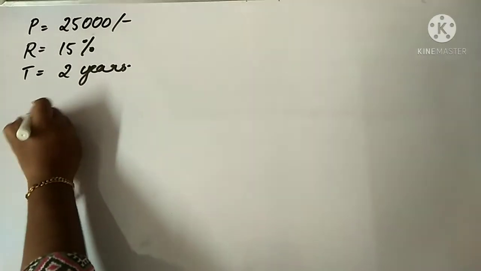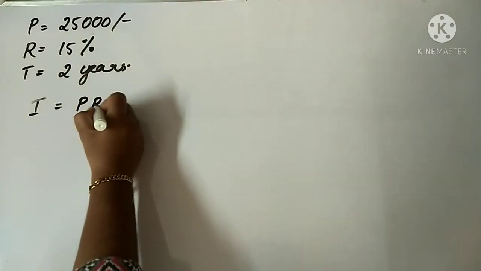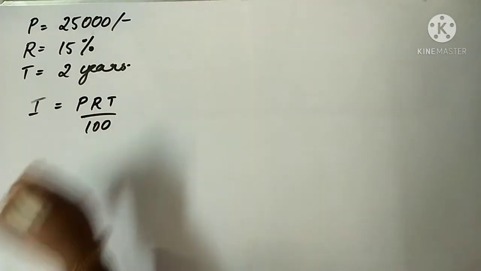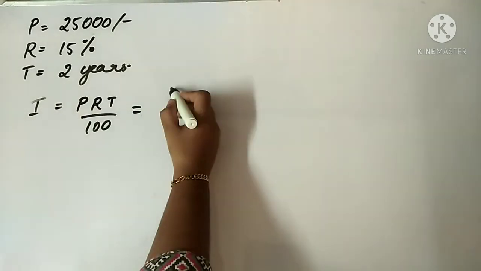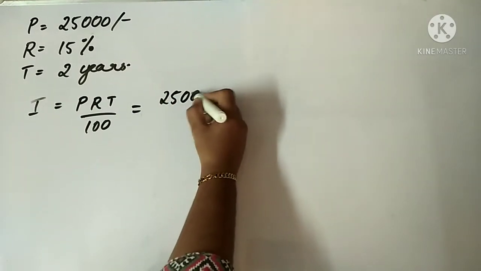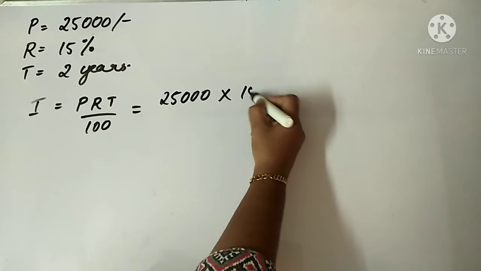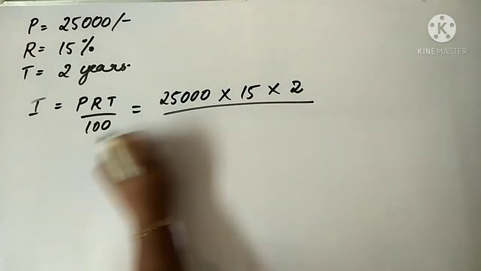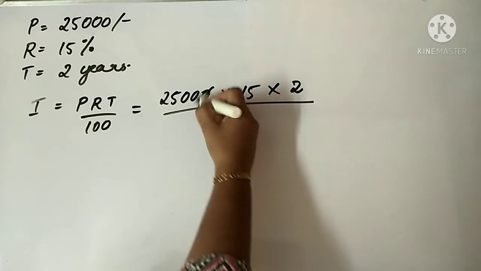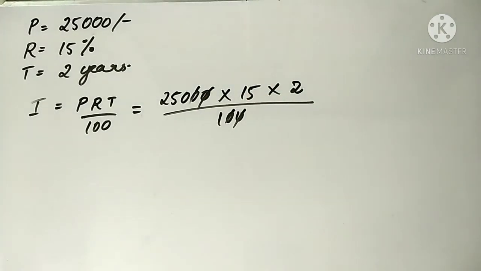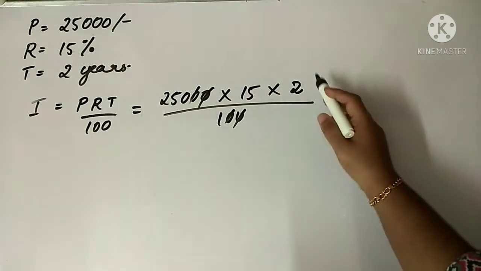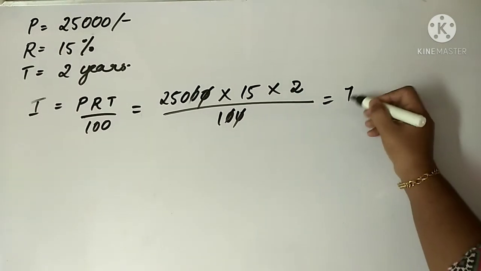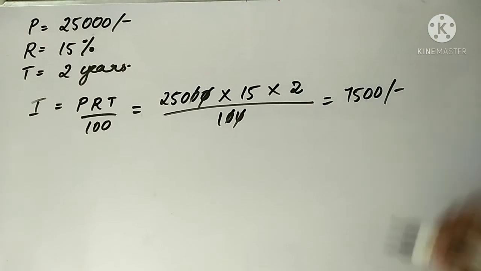So first we will find the interest after 2 years. We write interest is equal to PRT by 100. Substitute the values: 25,000 into rate of interest 15 into time 2 by 100. These two zeros get cancelled. Balance 250 into 15 into 2, that is equal to 7,500 rupees.